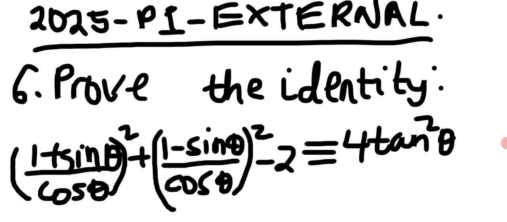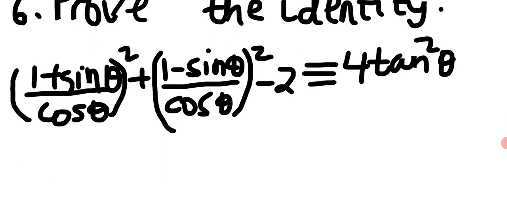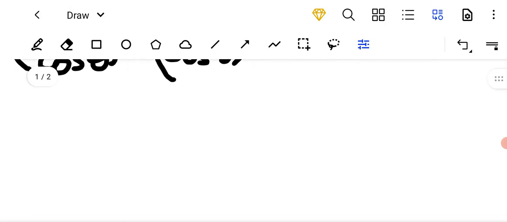So this one was the 2025 external paper 1, and the approach is we need to choose the left hand side and be very careful while answering. So we'll do just that.